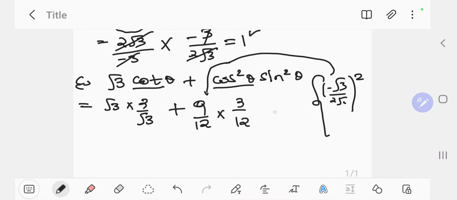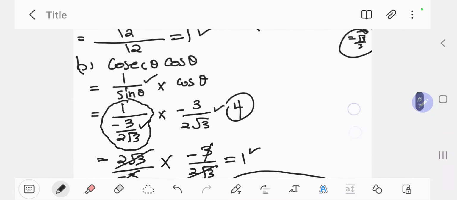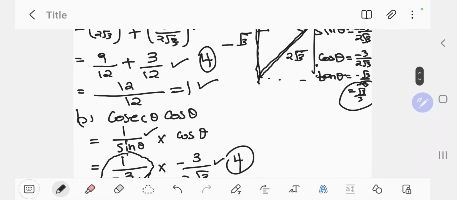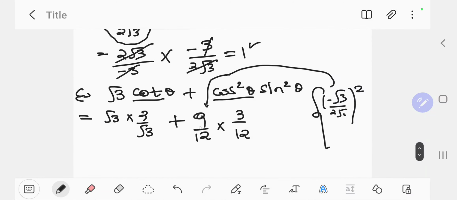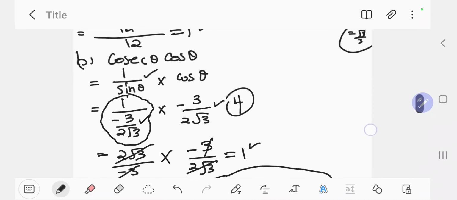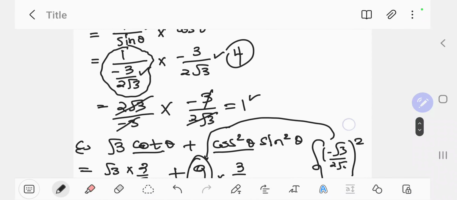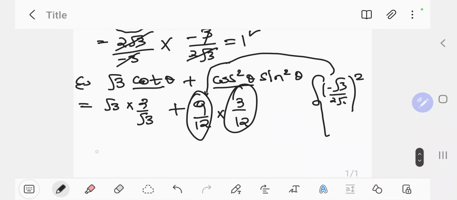So this will eventually give you this one. The last one is going to be that of a sine. Okay, that of a sine gives you 9 over a 12, and then that of a cos will eventually give you 3 over a 12. So let's work on this one. Cancel this one. You've got a 3 plus.